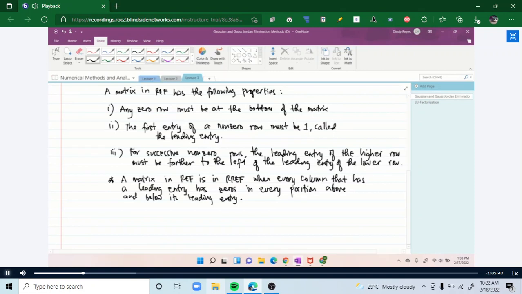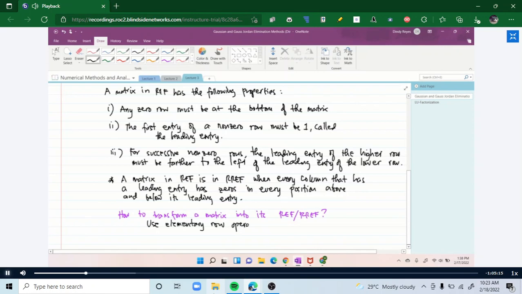Right. Now, how do we transform a matrix into its REF or RREF? The answer is we use elementary row operations. Okay.